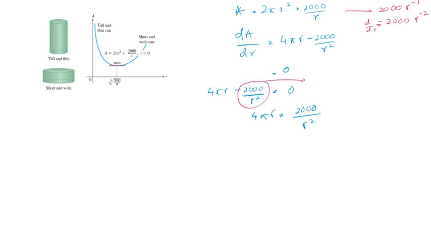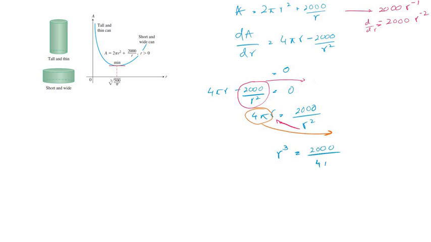Then we cross multiply, taking r to this side and 4 pi down, and we get r to the power 3 equals 2000 over 4 pi.